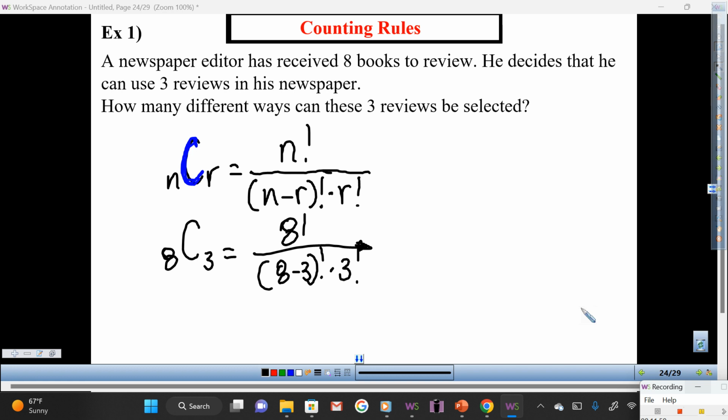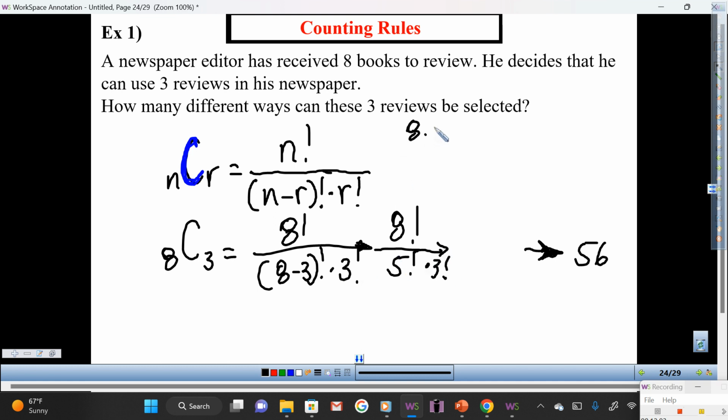All right. What do you get for this one, Jet? Total. How much? 56. Hands up if you got 56. No? Okay. You did? All right, let's double check. So we got 8, that's 8 factorial. And then we got 8 minus 3, that's 5 factorial. And then times 3 factorial. So what does that mean?